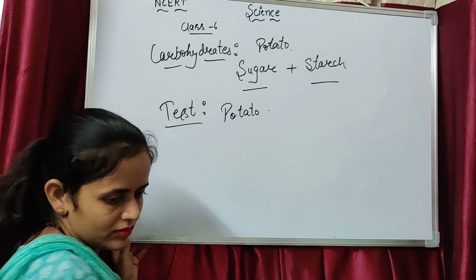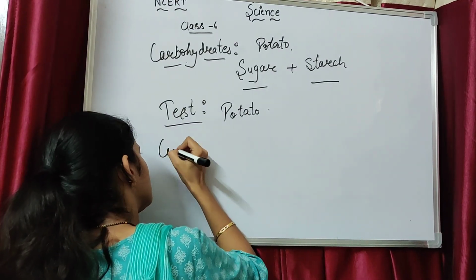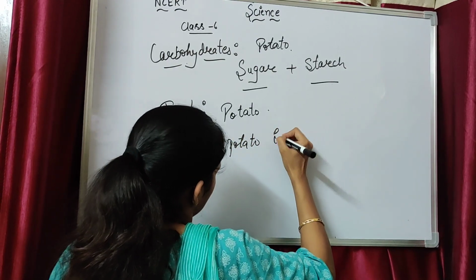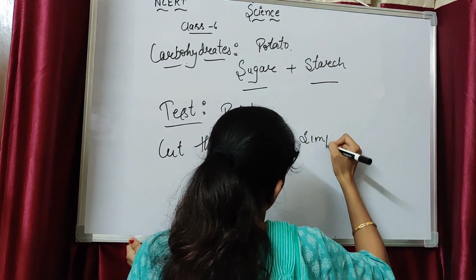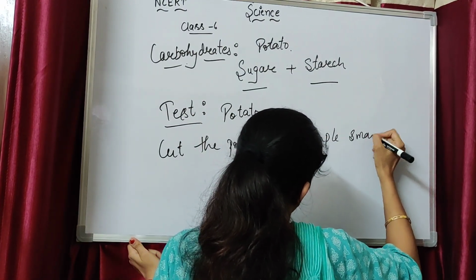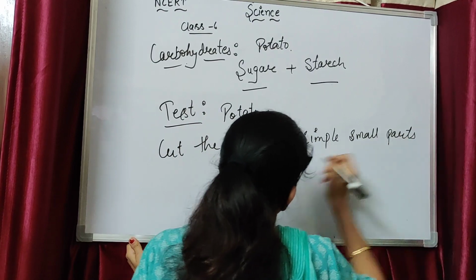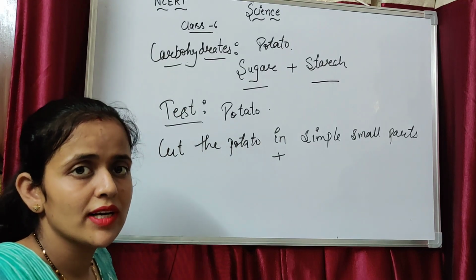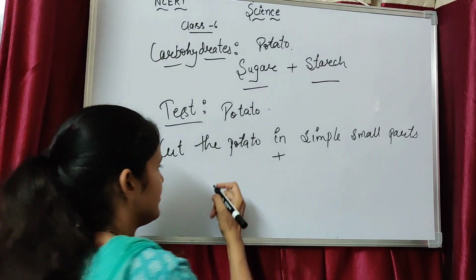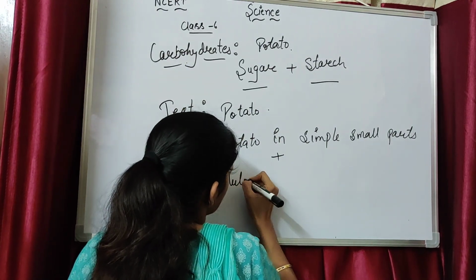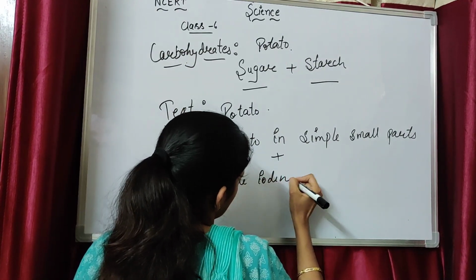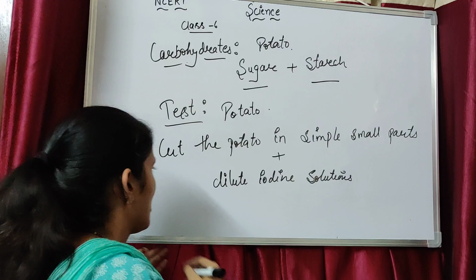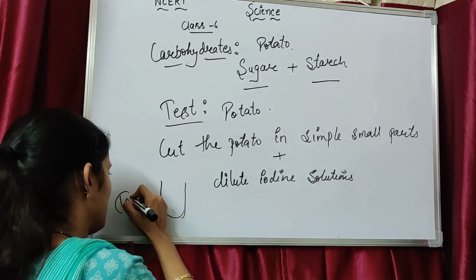Cut the potato into small parts. Plus, what do we have to add? We have to add dilute iodine solution. We have to take a test tube.